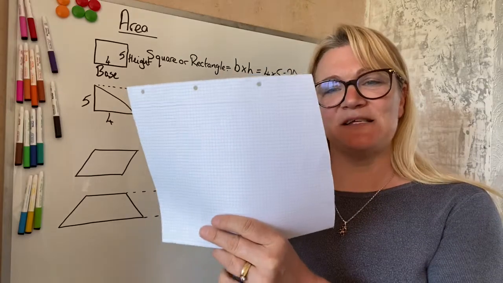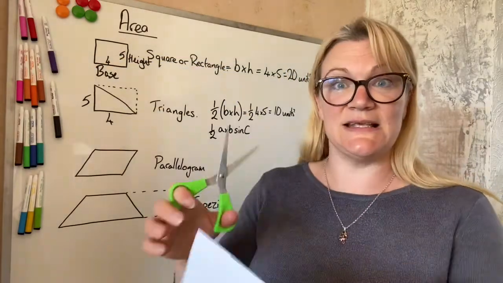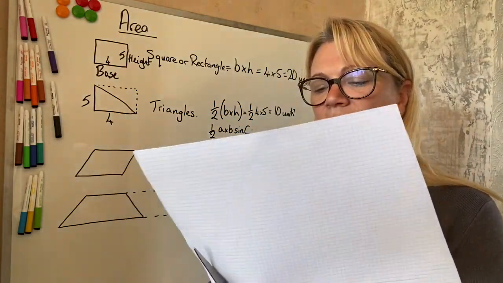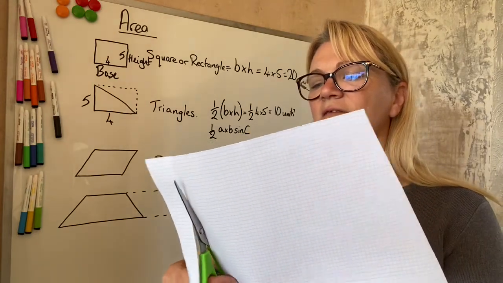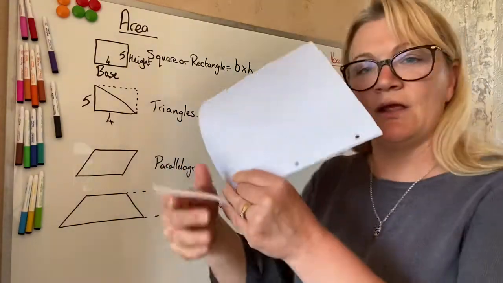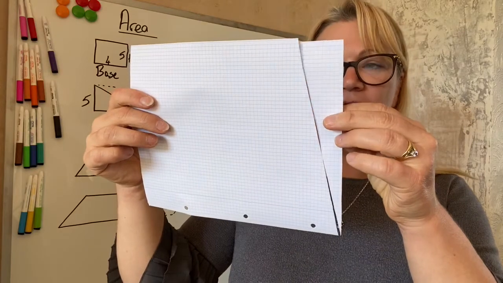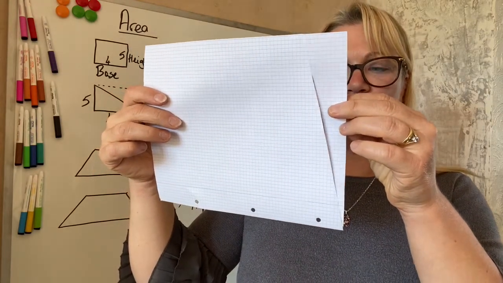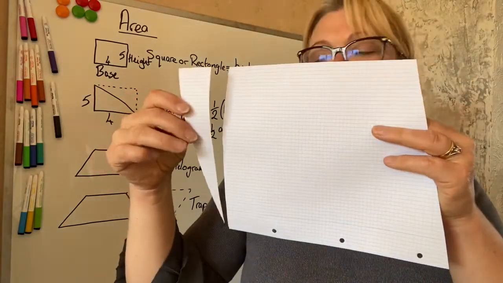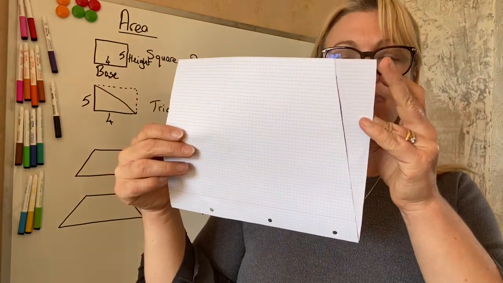And the lovely thing about a parallelogram is that if you cut it in exactly the right place, as I'm doing just now, you can see very clearly and very quickly that the area of a parallelogram should be exactly the same as the formula for the area of a rectangle or square, because a parallelogram with one end cut off and stuck on the other side is just a rectangle.